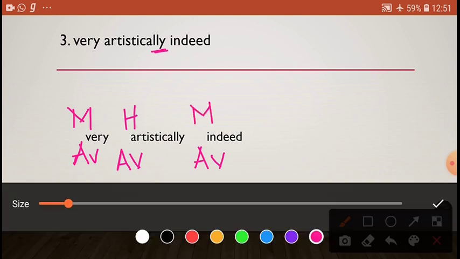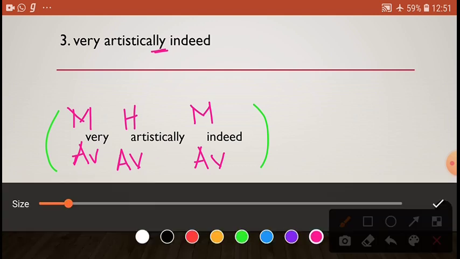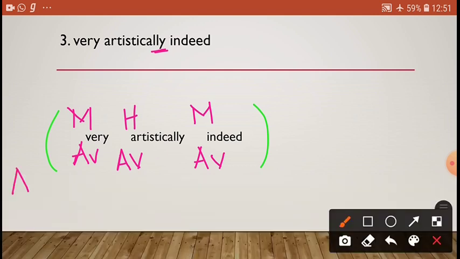And the head word of this phrase is an adverb. So, the phrase is an adverb phrase. How to write the title of adverb phrase? Capital A, small v, capital P, adverb phrase.